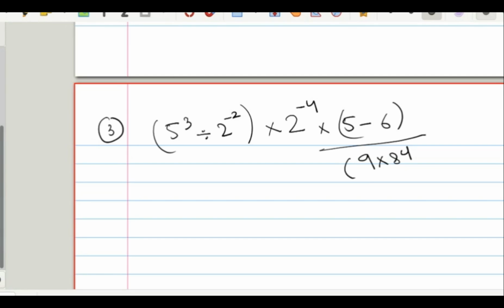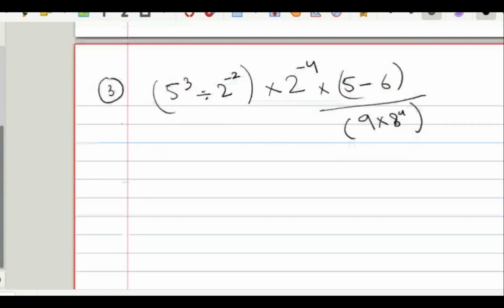The 4 is in the power here. Please try this question, and follow this rule: parentheses, multiplication, division, addition, and subtraction. Please follow it.